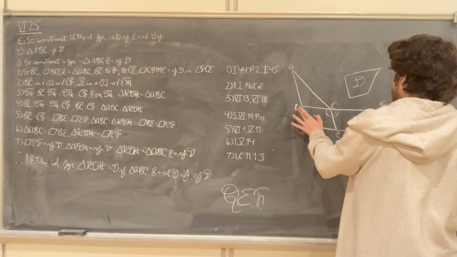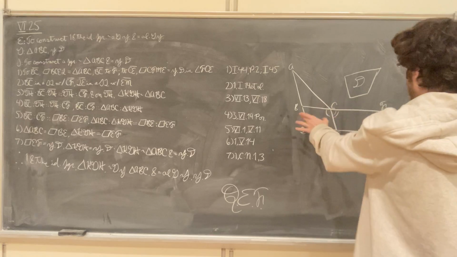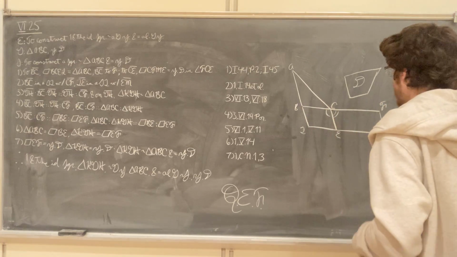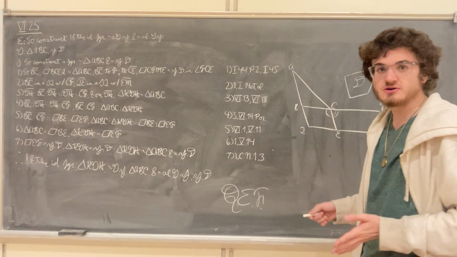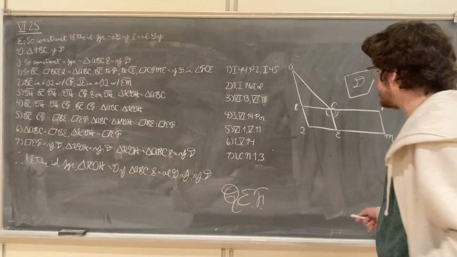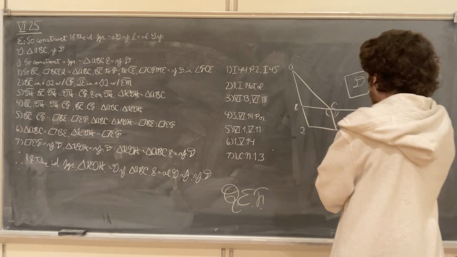But we know because BC is parallel to EF, right? Well, BF is parallel to EM, which means that BC is parallel to EM, that the alternate angles are equal. That's proposition 1.29. So the angle BCE is going to be equal to the angle CEM.